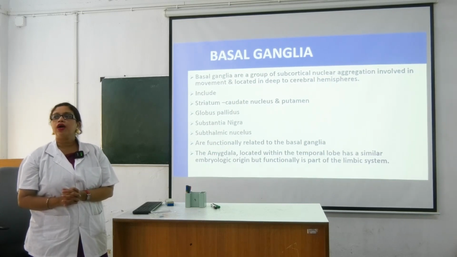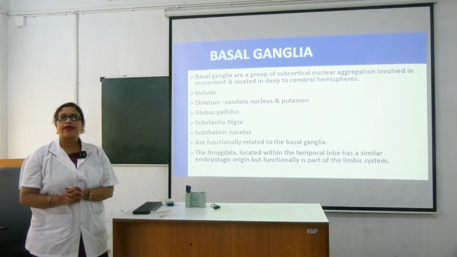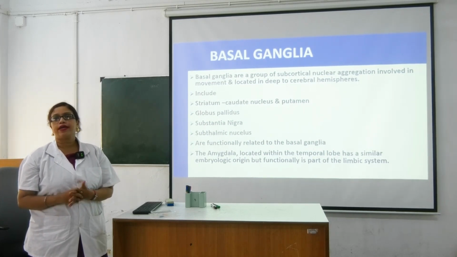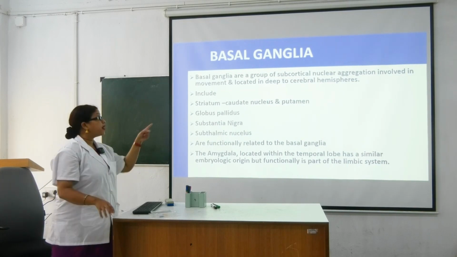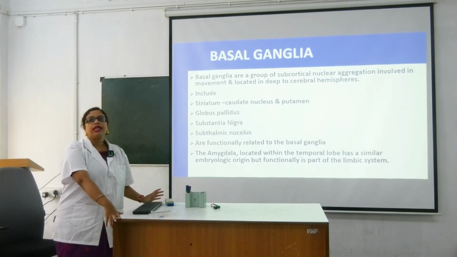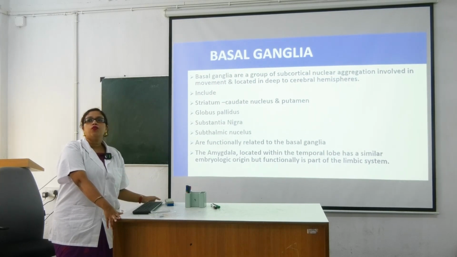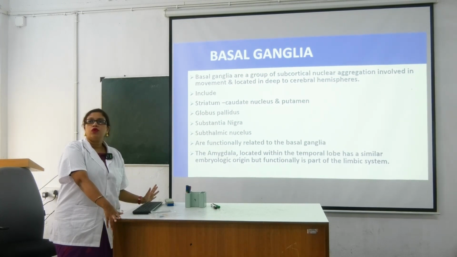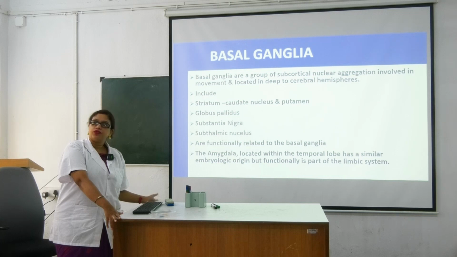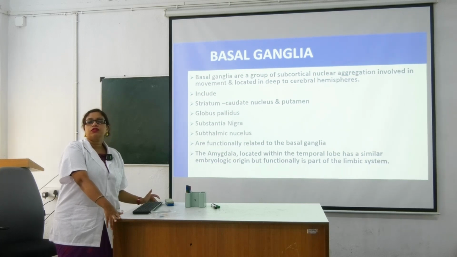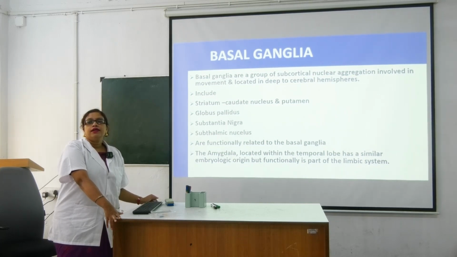Okay, second one, what I told, paleostriatum. Write it down, paleostriatum. So paleostriatum includes again two structures. One is globus pallidus, and the lentiform nucleus.